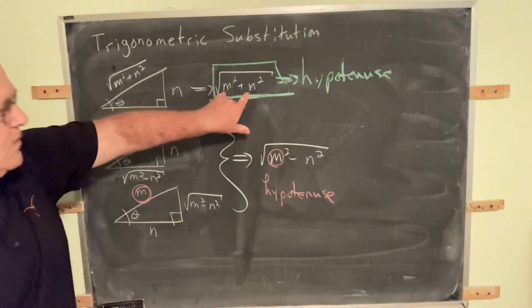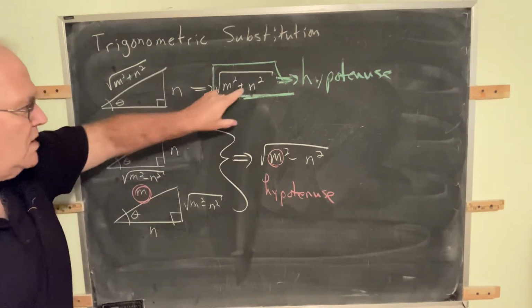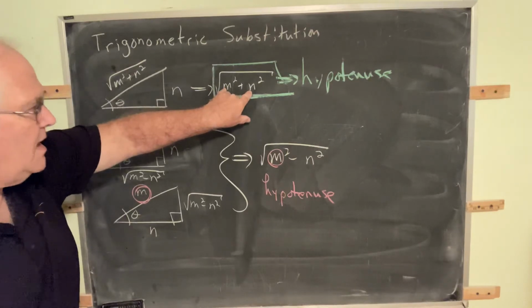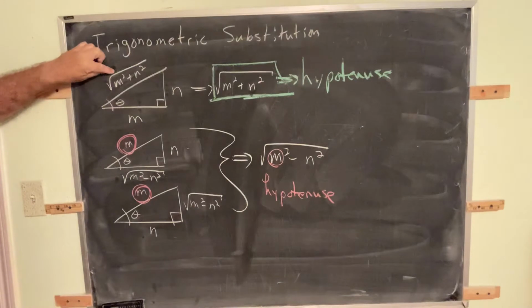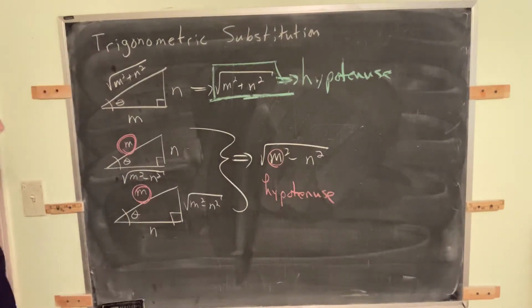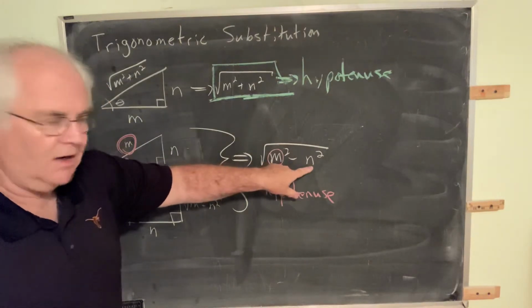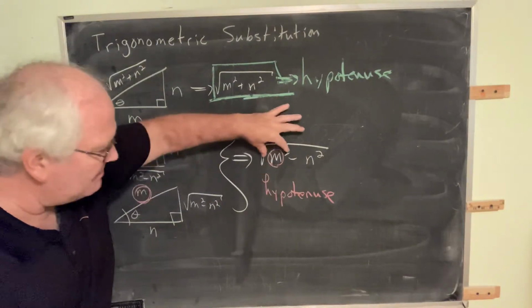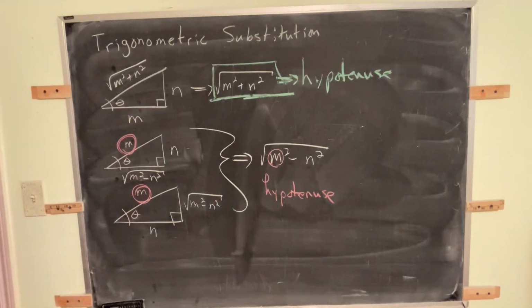If you have the square root of the sum of squares, then the entire radical is the hypotenuse. If, on the other hand, you have square minus square, then the hypotenuse is not m squared. The hypotenuse is just m by itself.